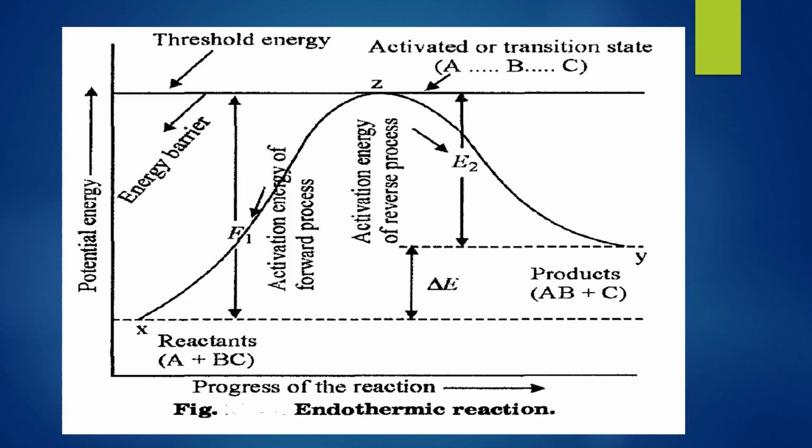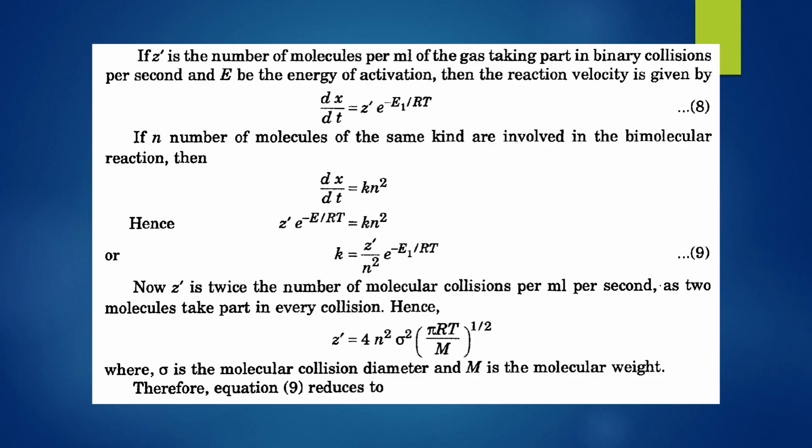So the energy difference between the reactants and products' original energy is known as delta E, and this type of reaction, where energy is required in excess of the original reactant molecule energy, is known as an endothermic reaction.